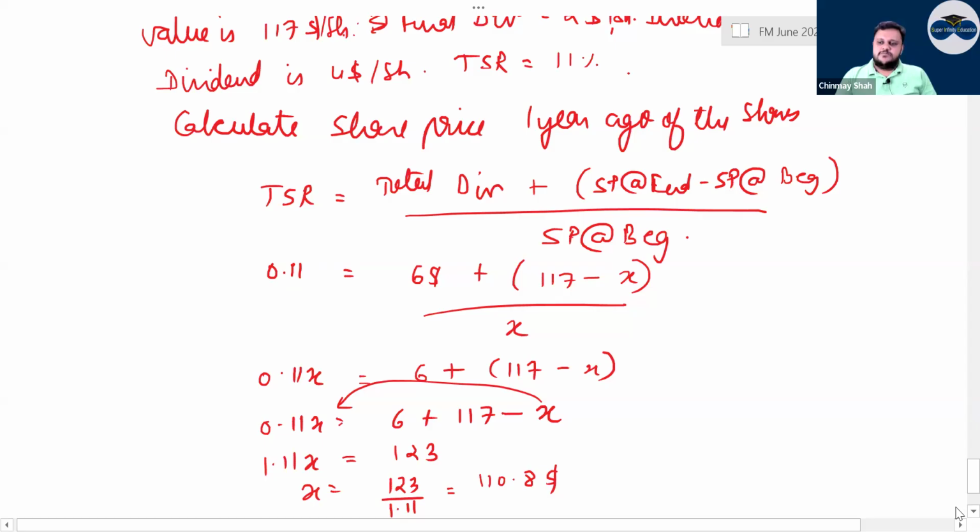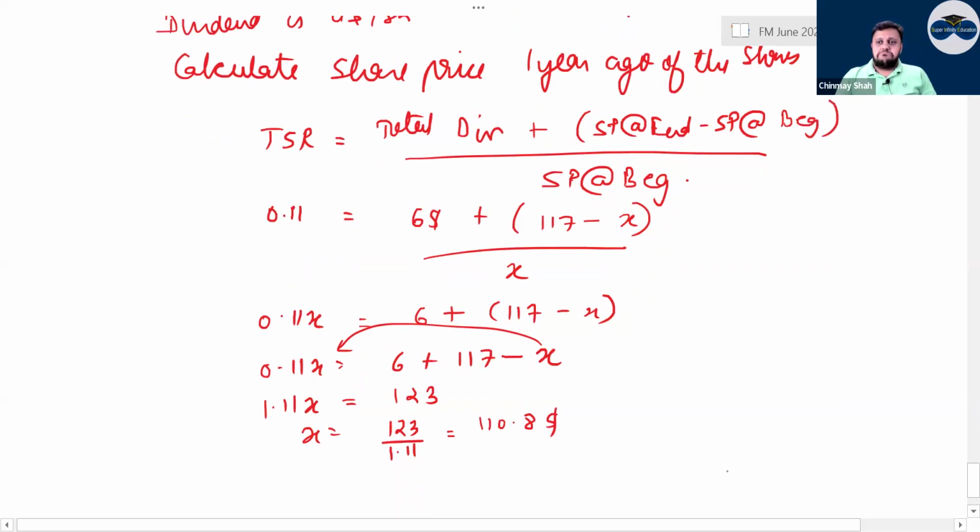Okay. Make sense or no? Therefore, share price 1 year ago is equal to $110.8.